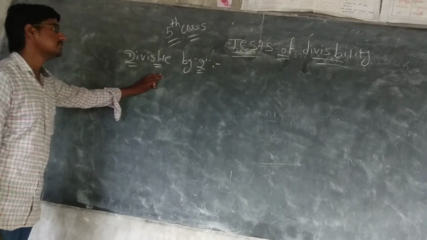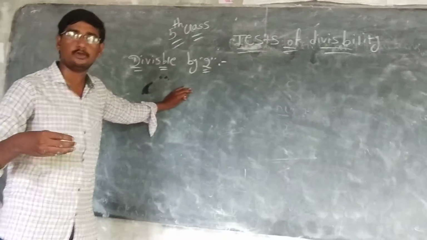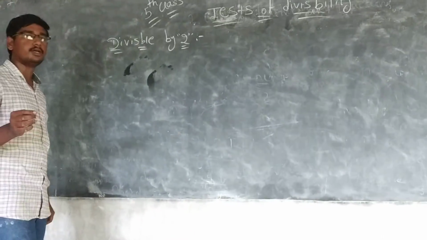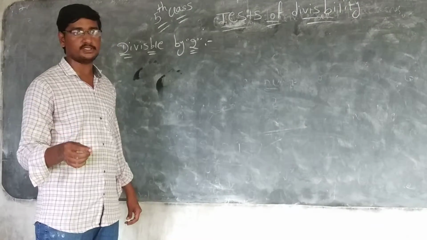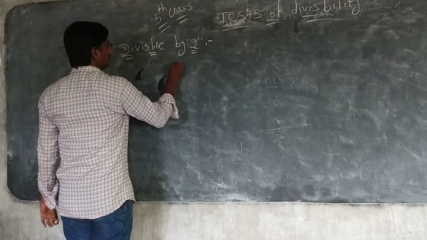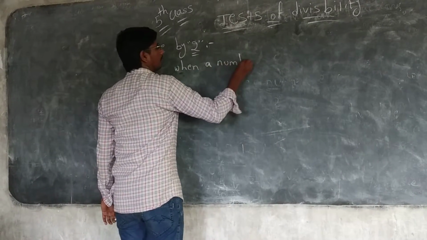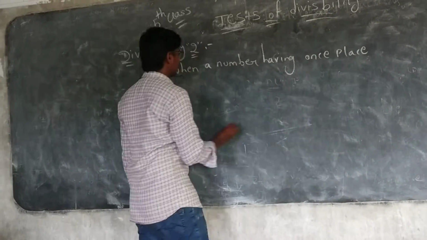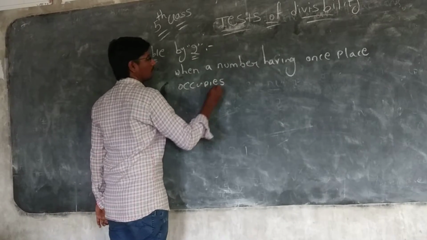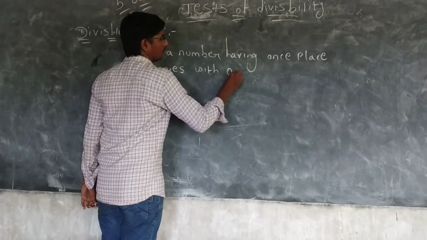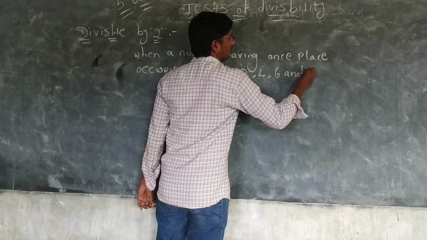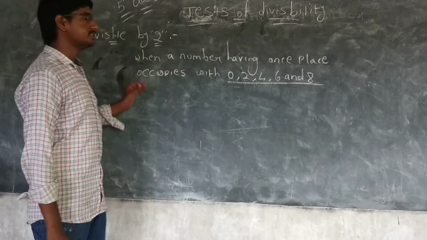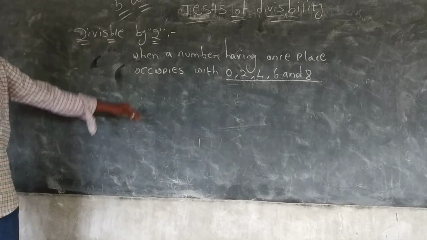The condition for divisibility by 2: when a number has its ones place occupied with 0, 2, 4, 6 or 8, these 5 digits at the ones place of any number, the number is completely divisible by 2 and leaves remainder 0.